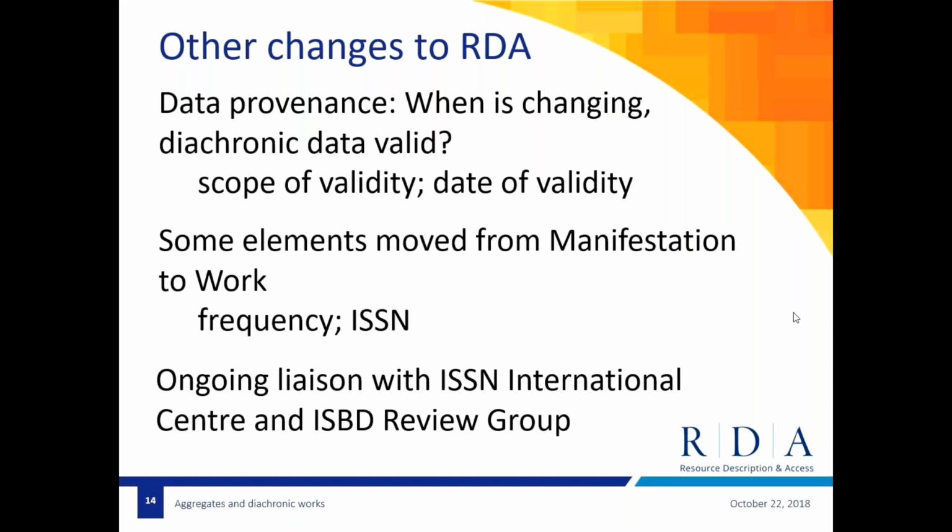Another consequence of this is we've had to move some elements from manifestation to work. An individual manifestation cannot possibly have a frequency. Think about it. It's a one-off. So frequency has been moved up to work. The plan is to issue quarterly or monthly or irregularly.